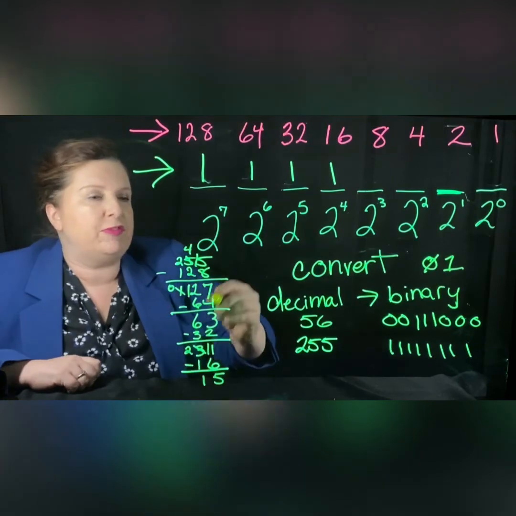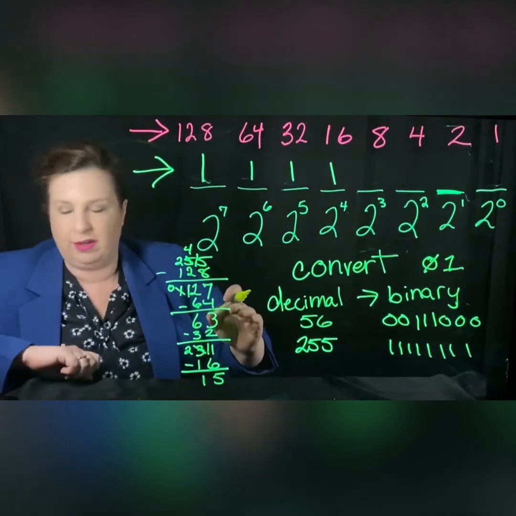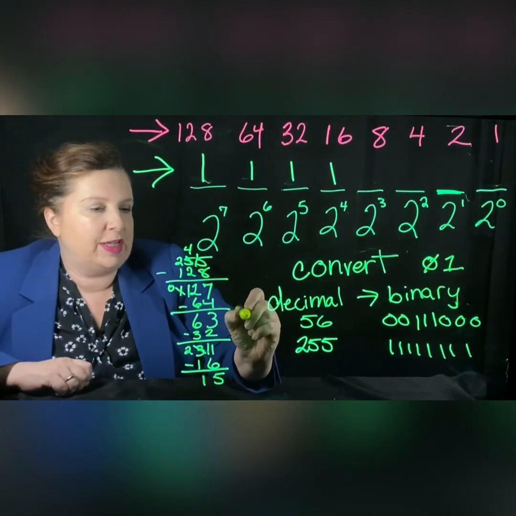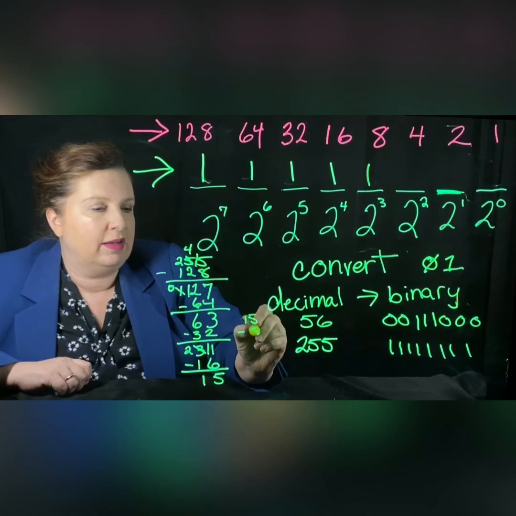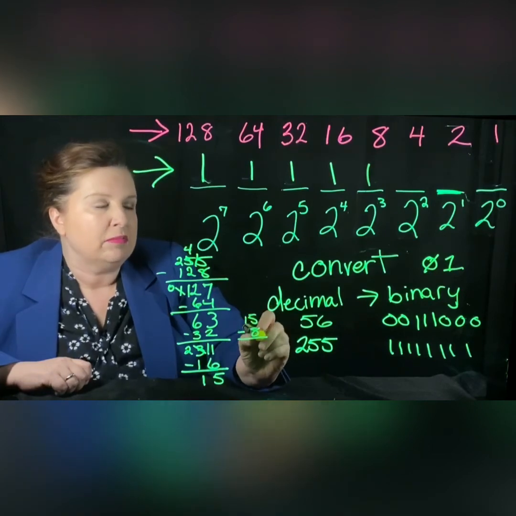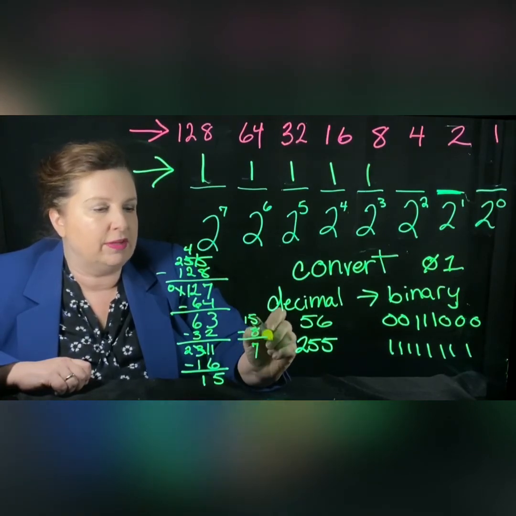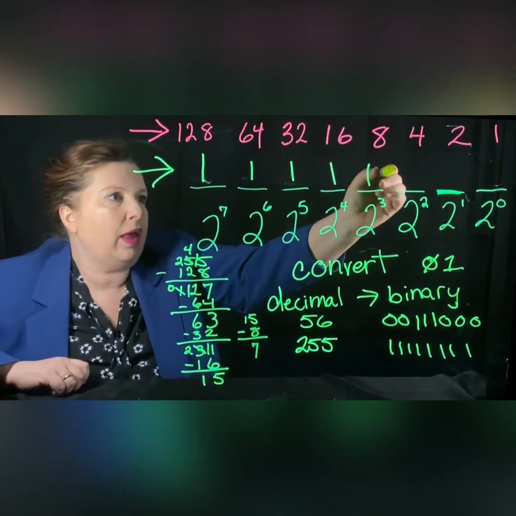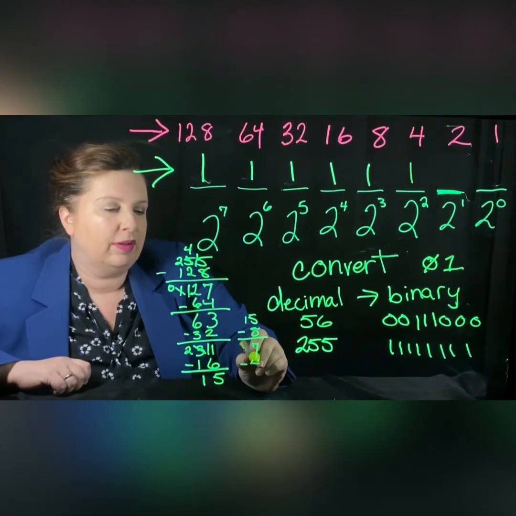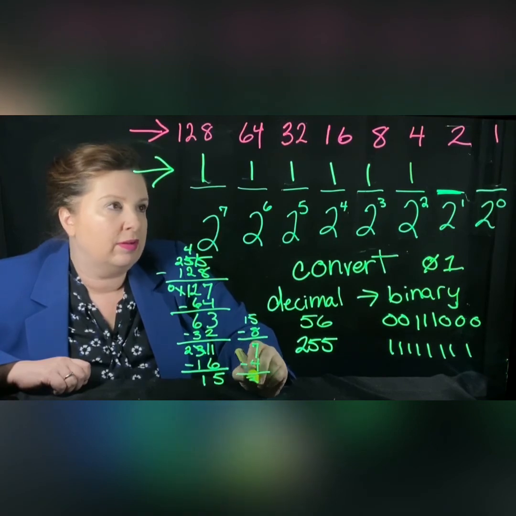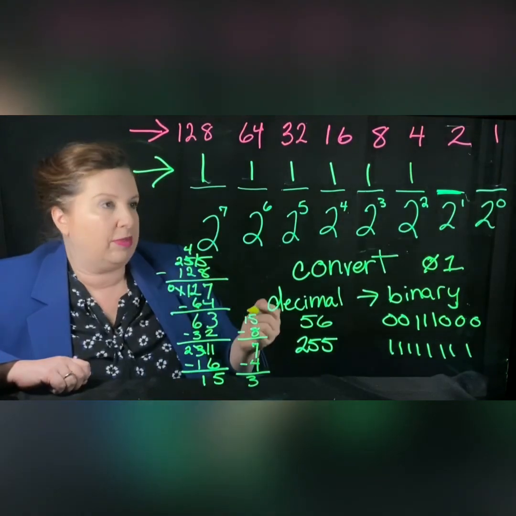So 15, I'll start over here. 15 minus 8 is going to give us 7. And then minus 4 gives us 3.